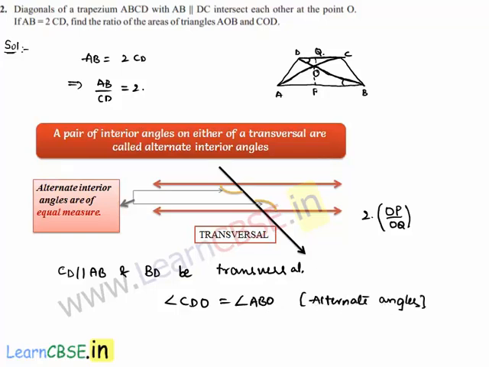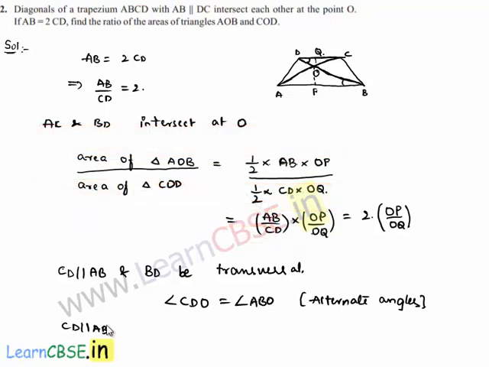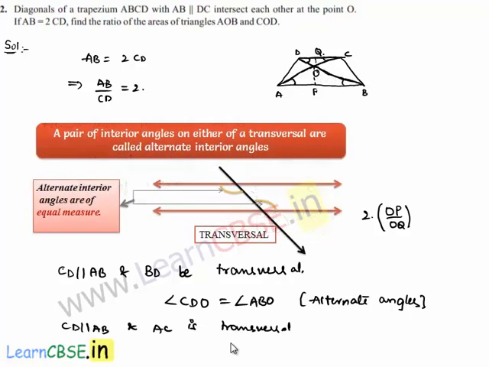And similarly, let us again assume that CD is parallel to AB and AC is transversal. Then angle DCO is equal to angle OAB because they are alternate interior angles again.